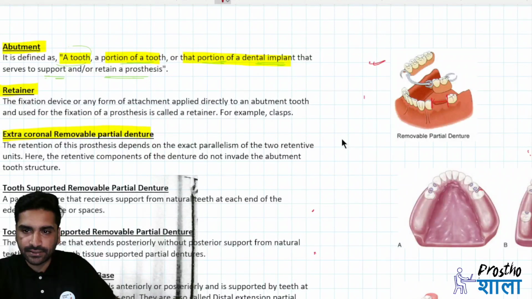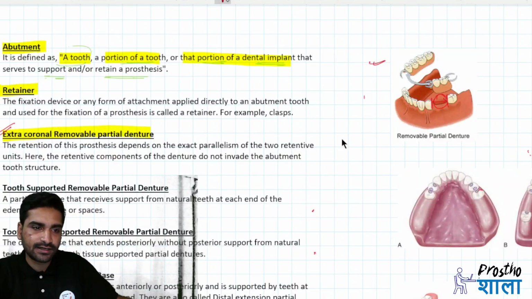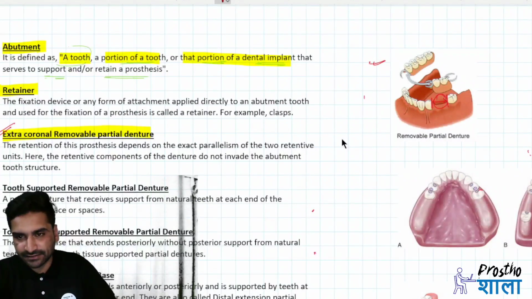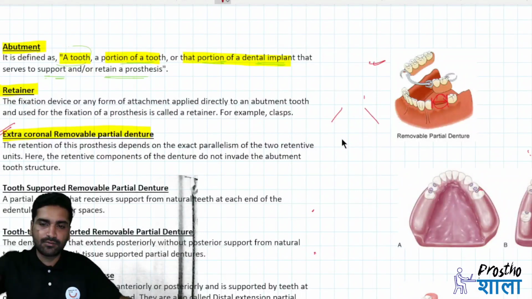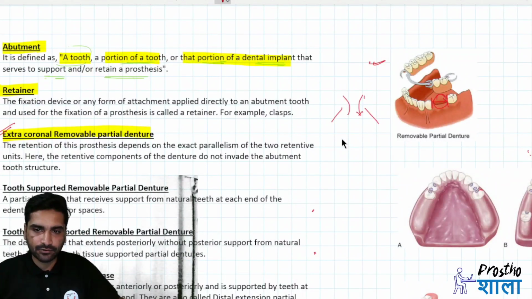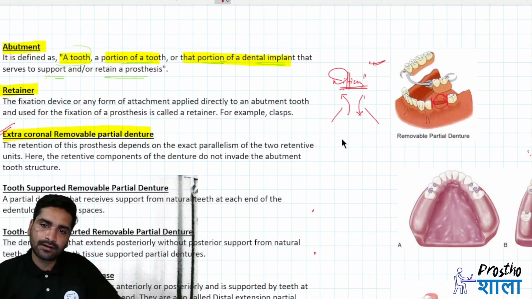So the parallelism of the two surfaces of the teeth is more important in extracoronal removable partial dentures, so that it can pass freely and come out freely. If they are not parallel, somewhat like this, inserting and removal of the prosthesis becomes difficult. So that is why parallelism is very important.